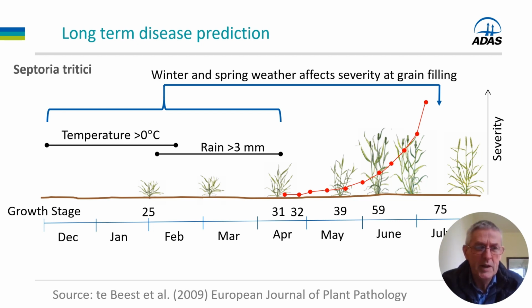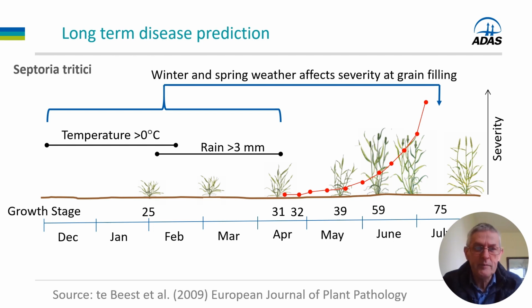So in the paper cited at the bottom, what we showed was that mild winter temperatures and more accumulated days with greater than 3 millimeters of rain over the periods indicated by the horizontal lines, the combination of those two things is a useful determinant of the sort of background risk of disease that's then modified by the rainfall that occurs or doesn't occur from stem extension through to the emergence of the flag leaf and the ear.